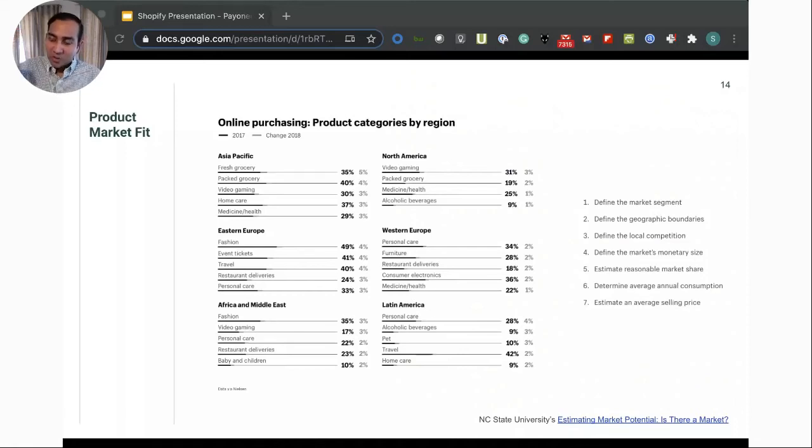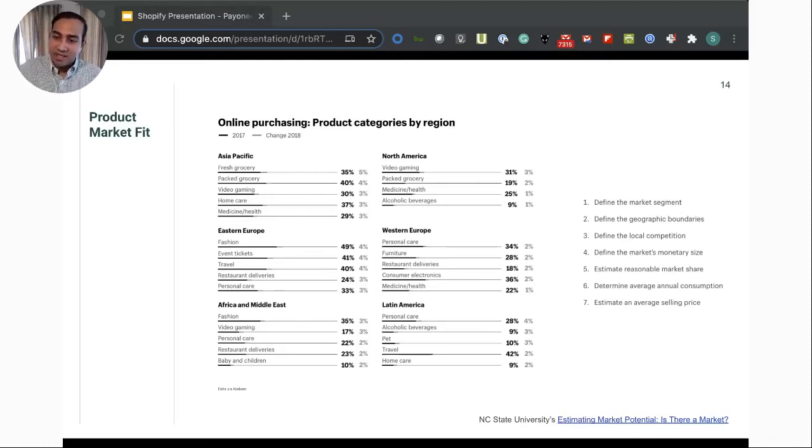You define your market segment based on who your buyer is, demographics as well as psychographics. Then you arrive at the geographical boundaries that you want to sell in. So, for example, if you pick US or UK, then those become your geographical boundaries. Then you look into who your local competition is there, and then define the market size.